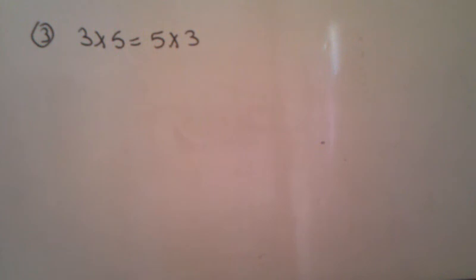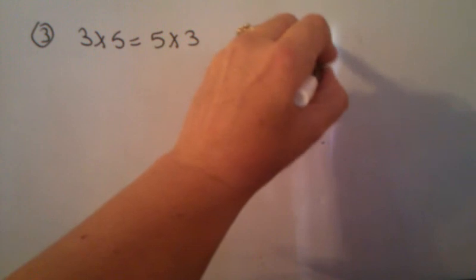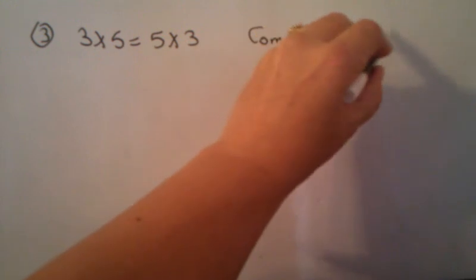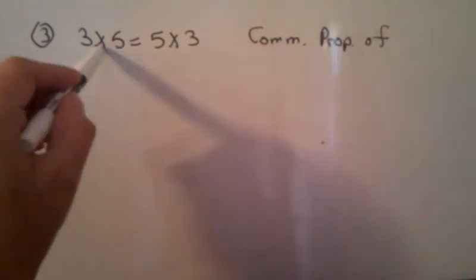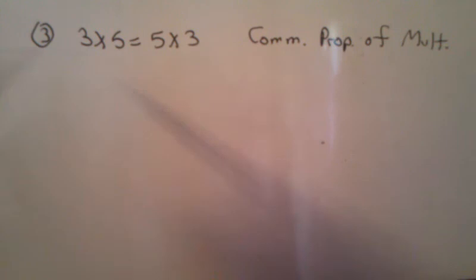Well, it looks like all we did was change the order, so this would be the commutative property of, we multiplied, right? So this is of multiplication.